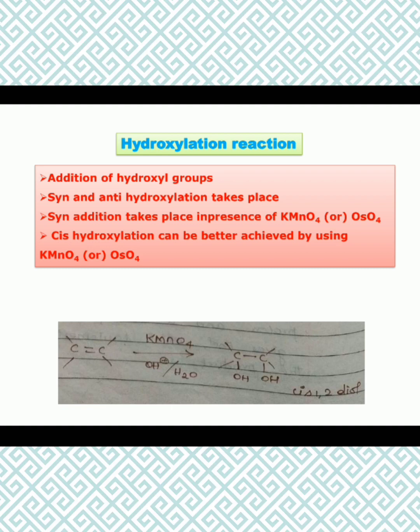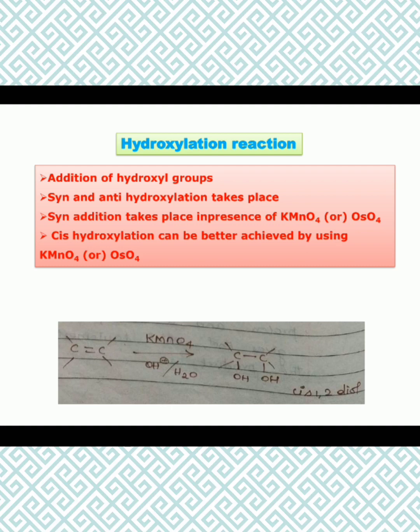The catalysts used for syn hydroxylation reaction are KMnO4, potassium permanganate, and osmium tetroxide. These two catalysts are mostly used for syn hydroxylation reaction.